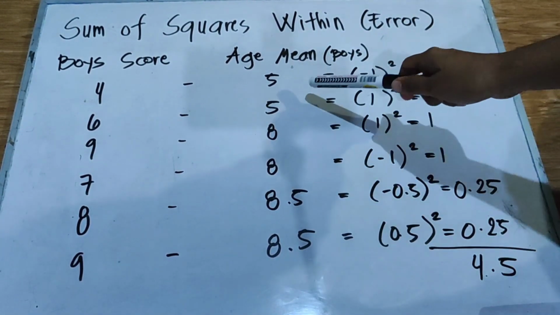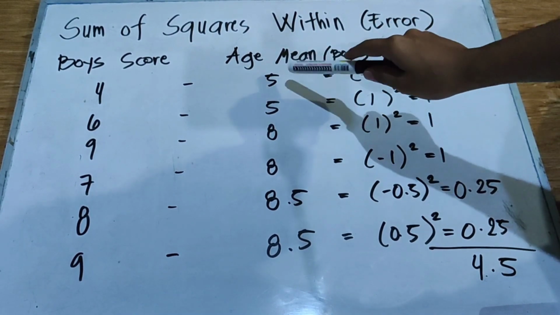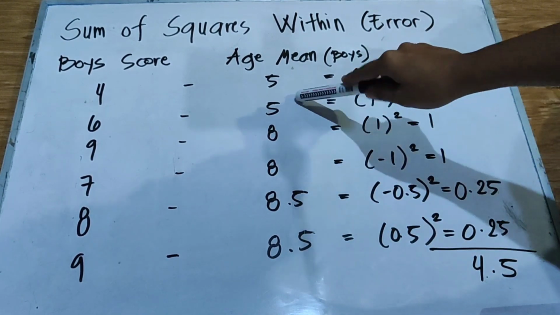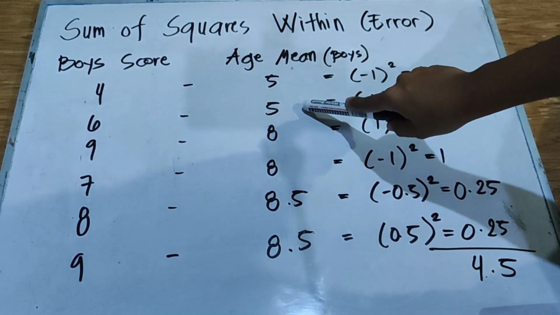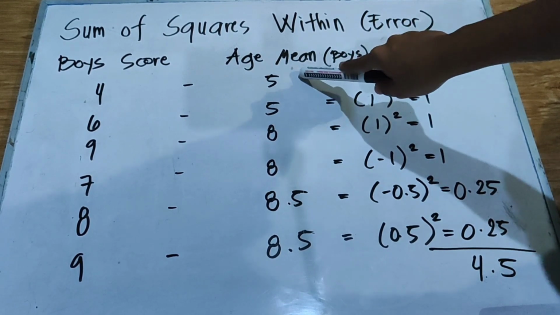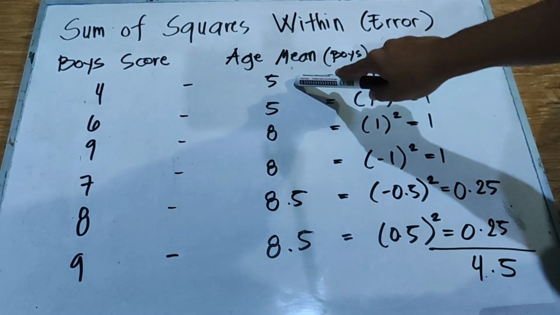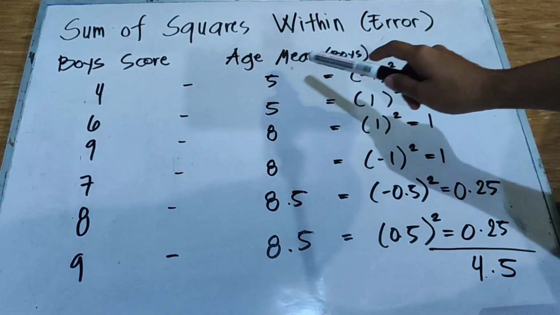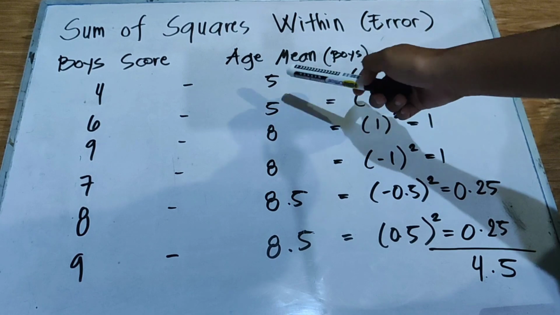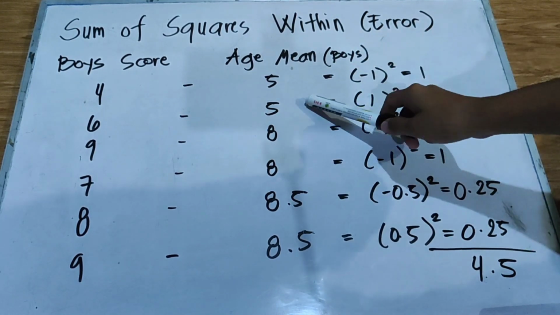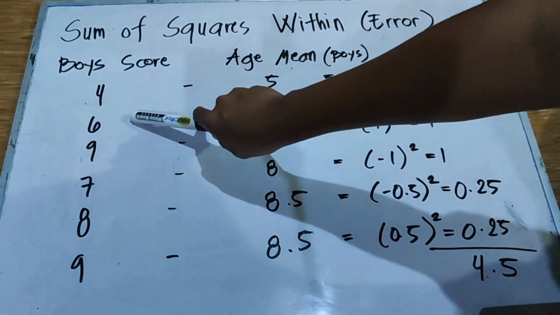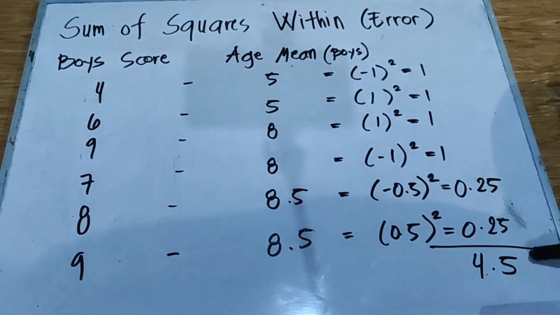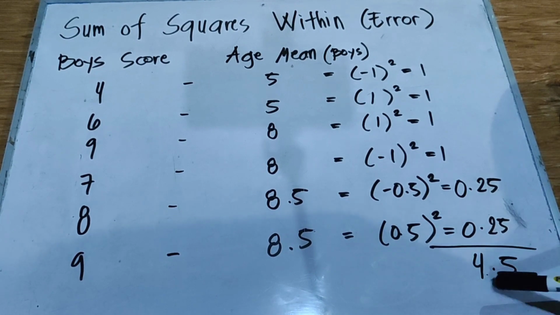If you notice, the age mean now is a different value, because the age mean for the second factor is the group age mean, combining girls and boys. This one is for boys only, which is 5. So, the data we got for the boys in the sum of squares within error is 4.5.